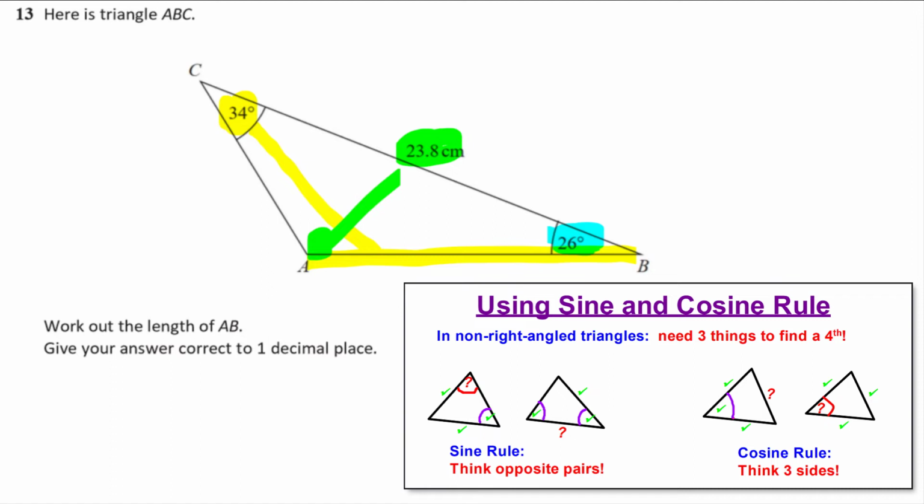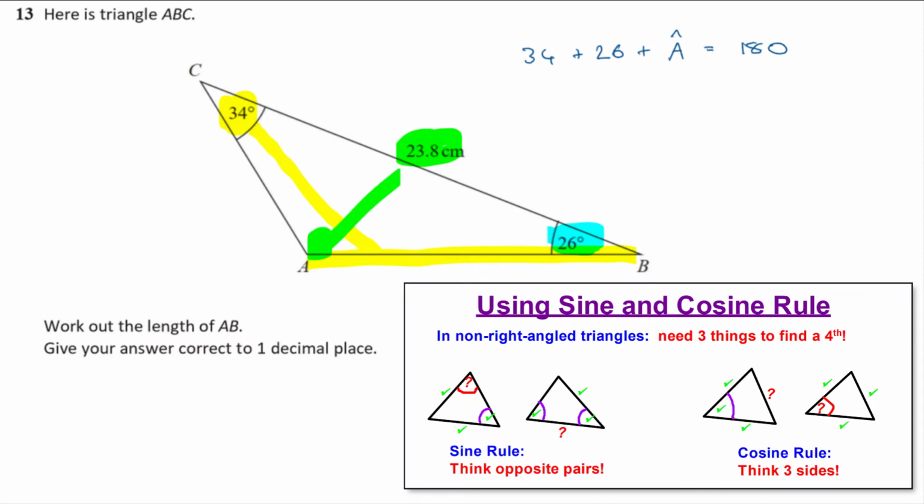So now, can I make the sine rule work in that case? I've definitely got one pair of opposites, but actually, if you think about it, I've got two angles of a triangle, and I know that the angles in a triangle sum to 180 degrees. So I know straight away that 34 plus 26 plus my angle A is going to be equal to 180, isn't it?